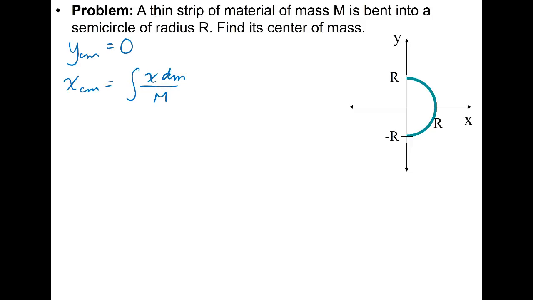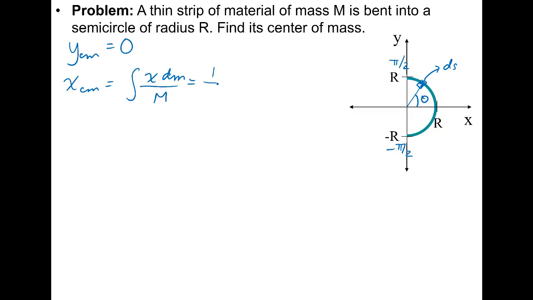For this one, we are going to cut this thin strip into tiny pieces, each of which has a length of ds. And we could do this in terms of an angle. If we measure our angle right here, we could note that this angle runs from basically pi over 2 to negative pi over 2.